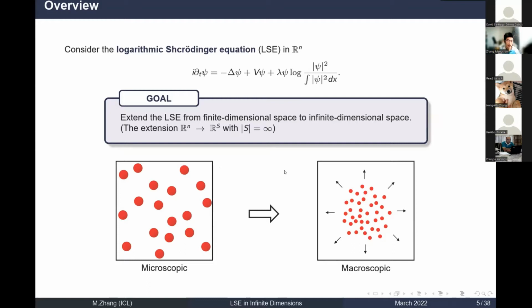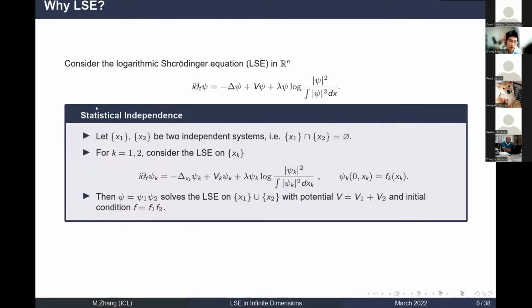Okay, now everything's good, but one can still argue, why do we concern ourselves with this log nonlinearity but not other nonlinearities? For example, in yesterday's talks, we have seen the polynomial nonlinearities. The reason is that this log term admits a very special property called statistical independence.